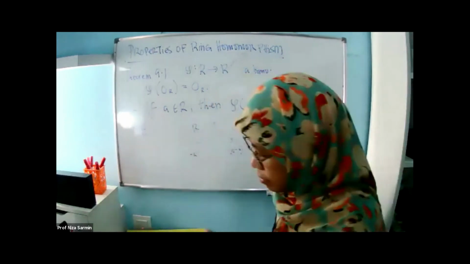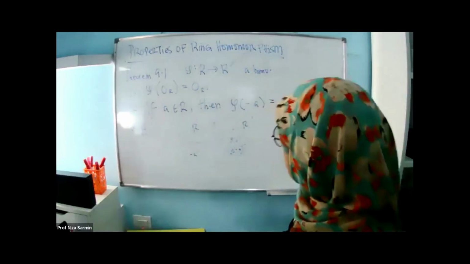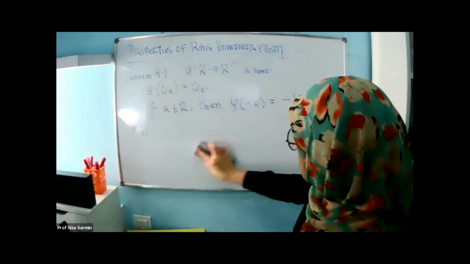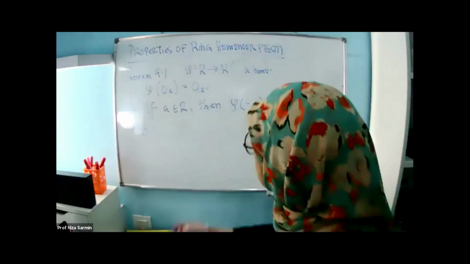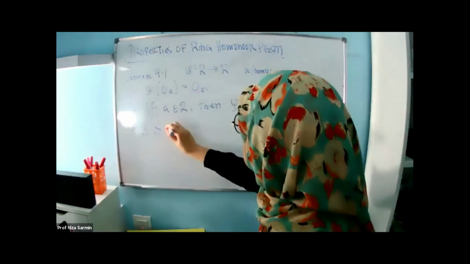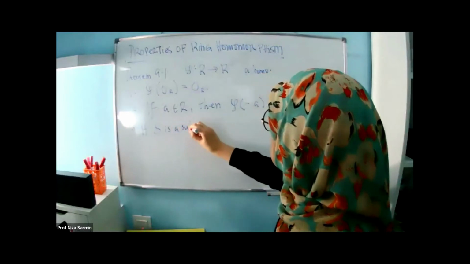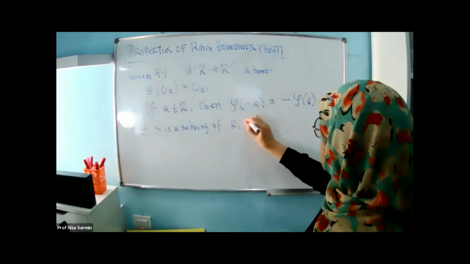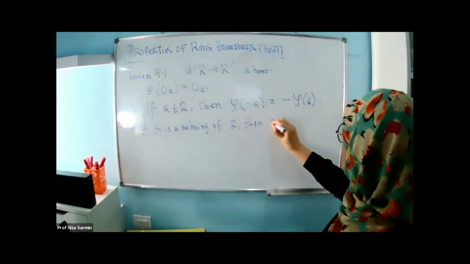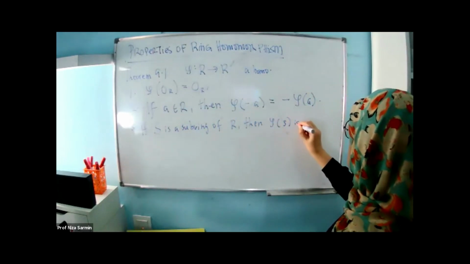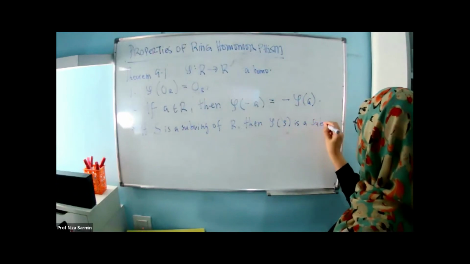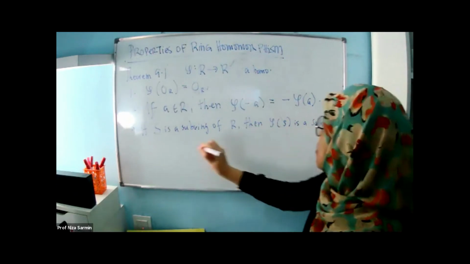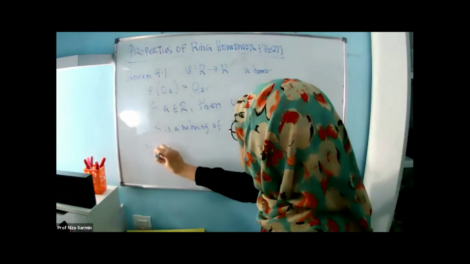The next one is, if S is a subring of R, then phi of S is a subring of R'.